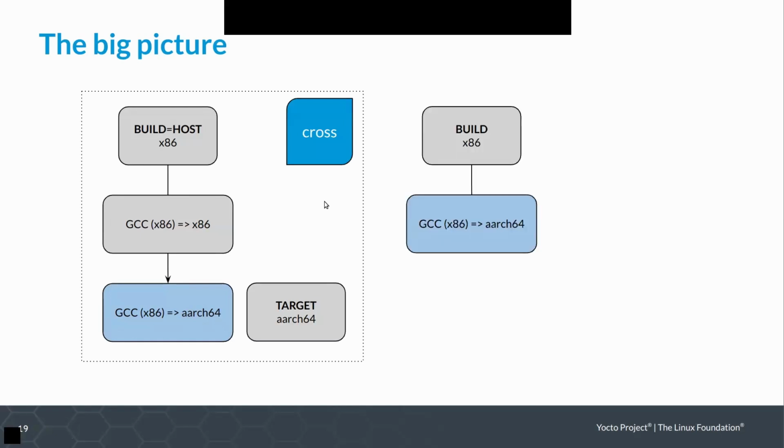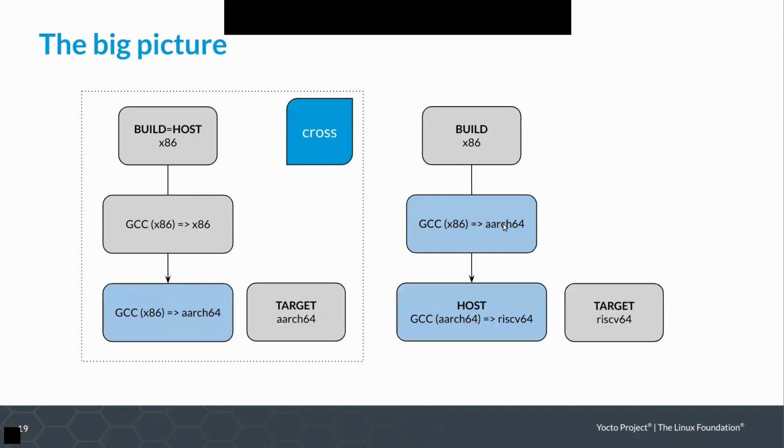Now we have another build system. We have the same build, but we will use the same GCC built in the first step that provides something for aarch64. Now we will use that compiler to create another one that will run on aarch64 but generate something for RISC-V 64.